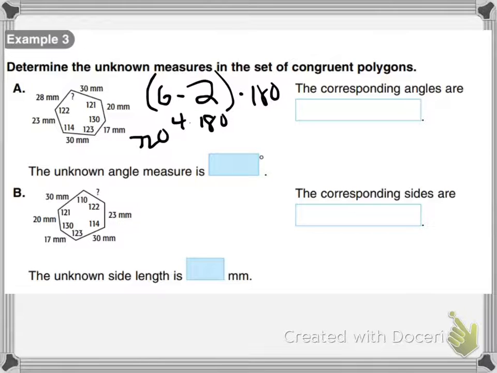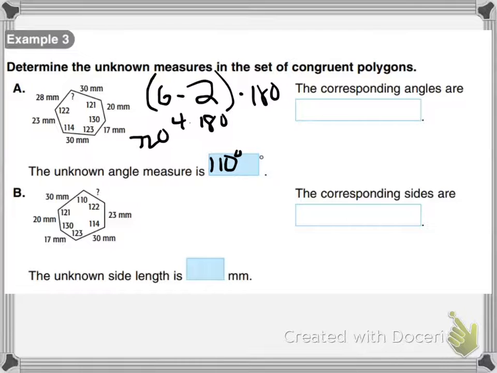So 720 minus 122 minus 114 minus 123 minus 130 minus 121, and what's left over is 110 degrees. Alright, so we see that that's 110 degrees.